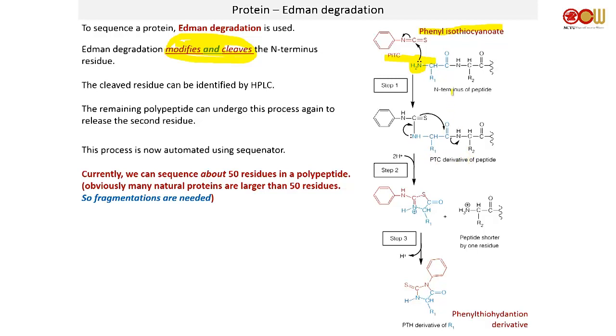So you make a covalent bond between the PITC and your polypeptide at the N-terminus. So you create this structure. Now, your reagent here can then react with your carbonyl, the first amino acid. So then, after it reacts, it cleaves off this amide bond.